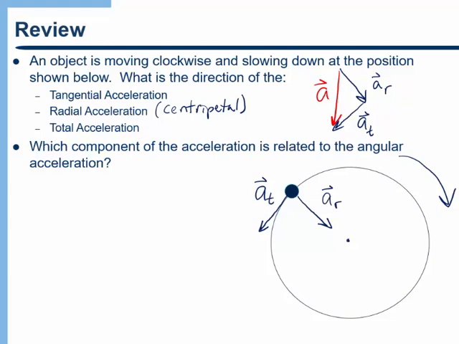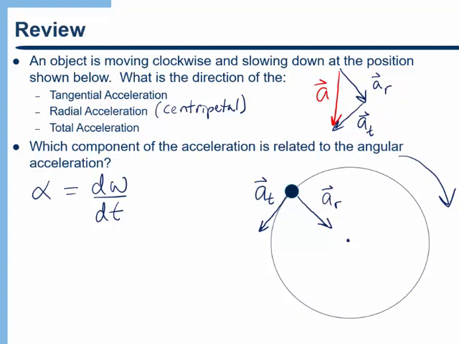Let's look at the next question. Which component of the acceleration is related to the angular acceleration? We defined angular acceleration, alpha, as d omega dt, the rate of change of the angular velocity. So the key thing to understand about alpha is in uniform circular motion, alpha is 0 because the angular velocity isn't changing.